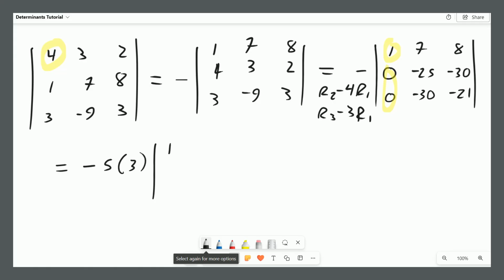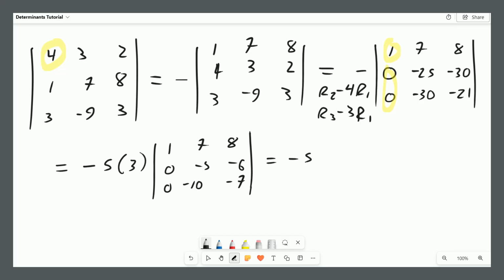Okay, so we have 1, 7, 8. This row we are dividing by 5, right? So we're going to have 0, -5, -6, and the bottom row divided by 3, so we have 0, -10, -7. So there's our -5, 3, and then we have that 1 multiplying the determinant of -5, -6, -10, -7.